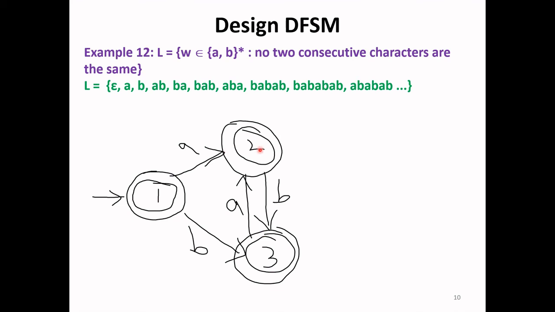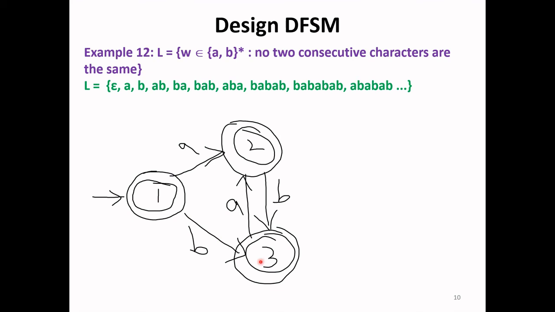One more A will not agree with this language. One more A will have two consecutive A's. Similarly, B from state 3, you have a transition A to state 2. If I take one more B, then there will be two consecutive B's.